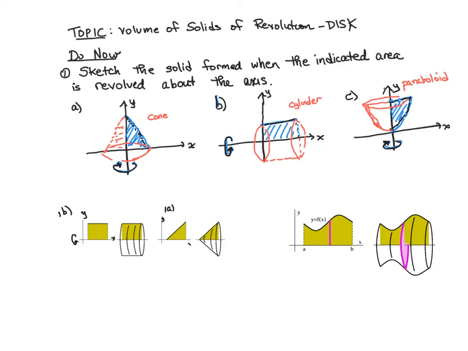But this triangle, though, is bounded by the x-axis. So technically, we're rotating this about the x-axis as well. Whereas in 1a, we rotate it around the y-axis, and we still get a cone, as we see in this picture.